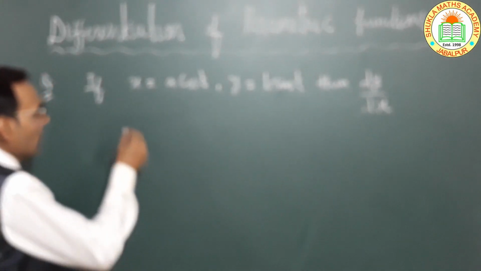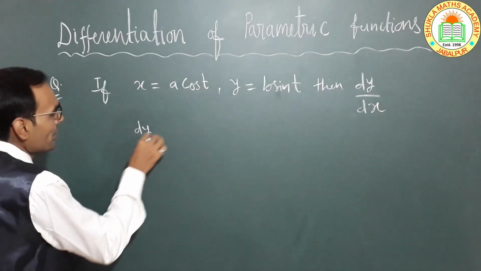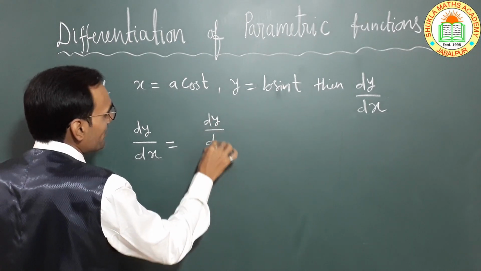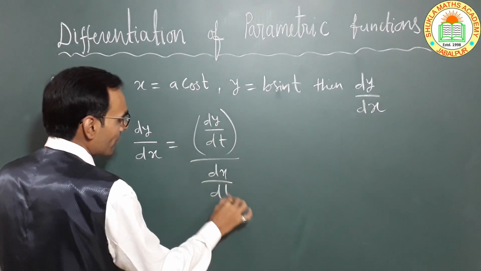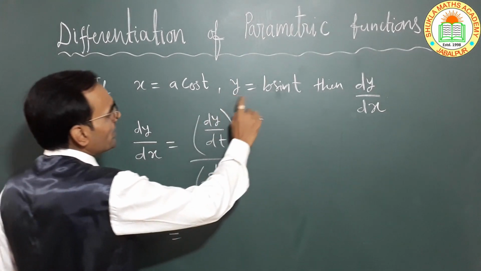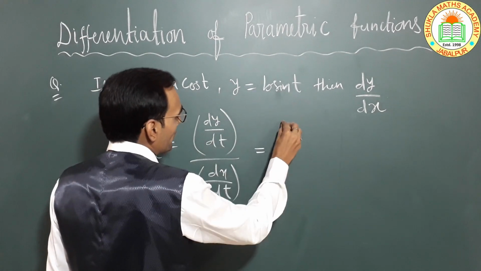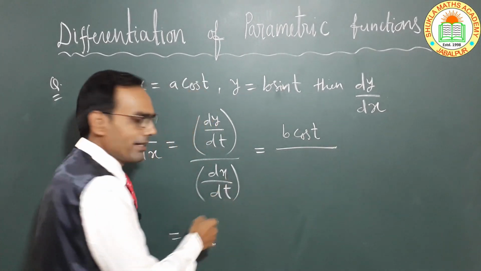First we will apply the formula: dy by dx is equal to dy by dt divided by dx by dt. We can easily find dy by dt from y equal to b sin t, and its derivative will be b cos t. So it becomes b cos t divided by dx by dt.